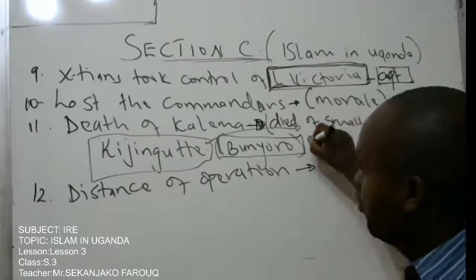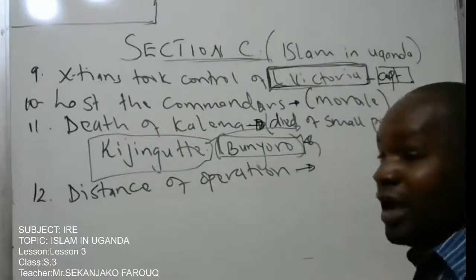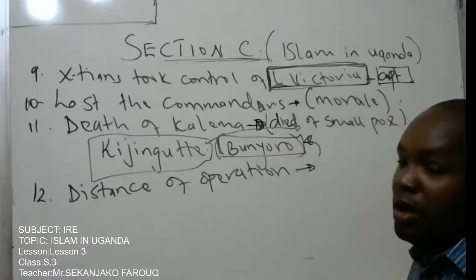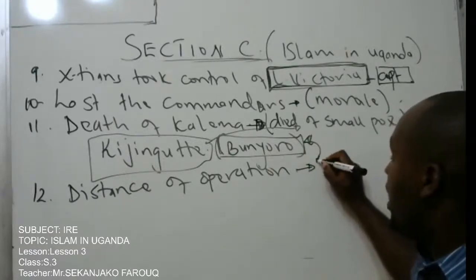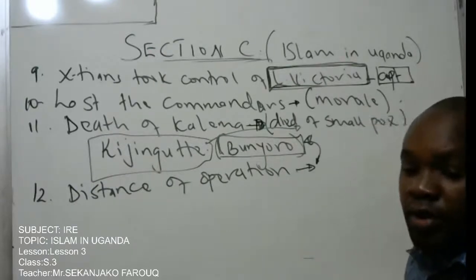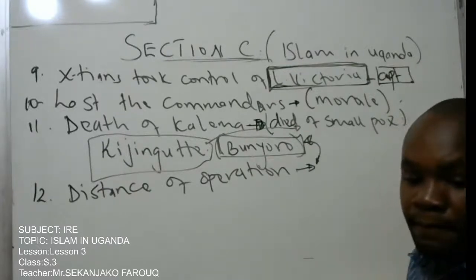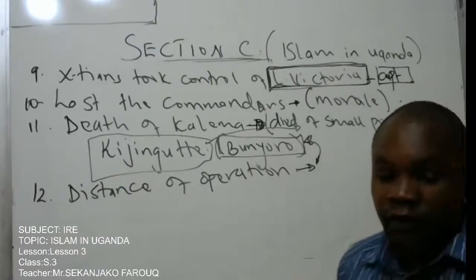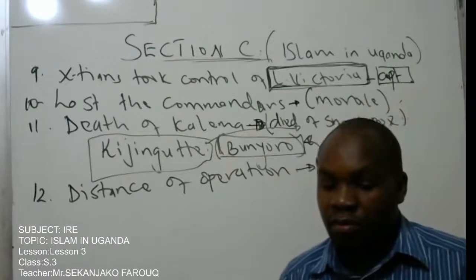Some ran to a place called Kijungute in Bunyoro, from where they had to plan to come back and attack people in Uganda. You can see that the distance was very wide, and it called for a lot of resources which were not there at that time. So this definitely frustrated the efforts of the Muslims.